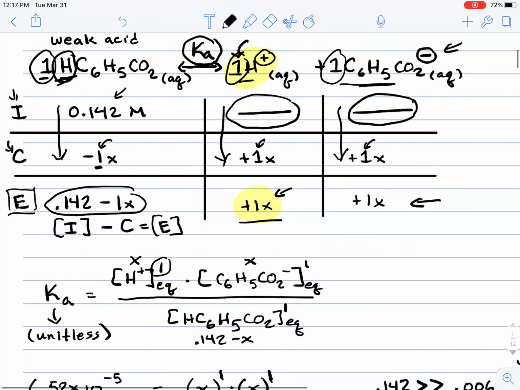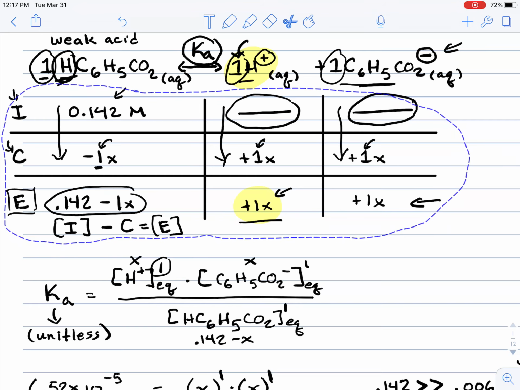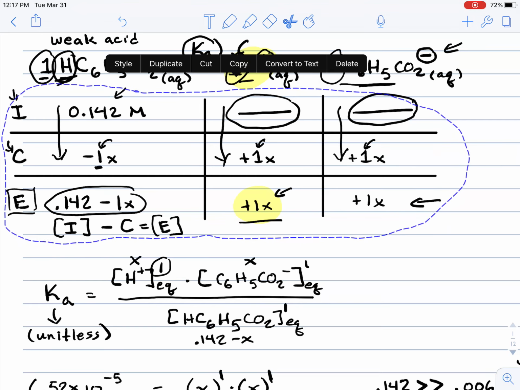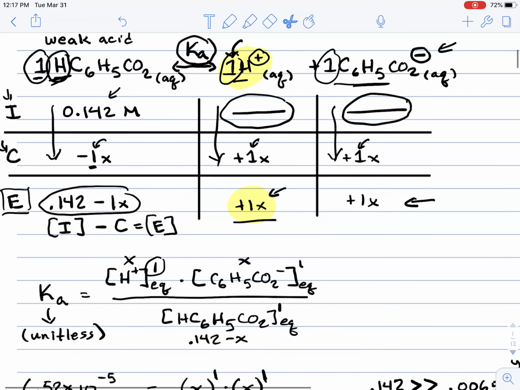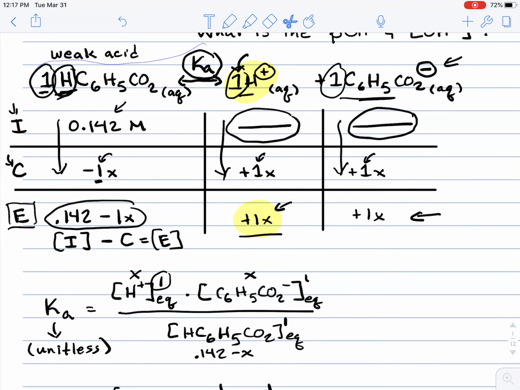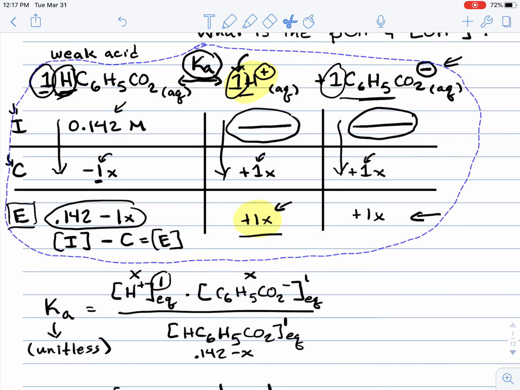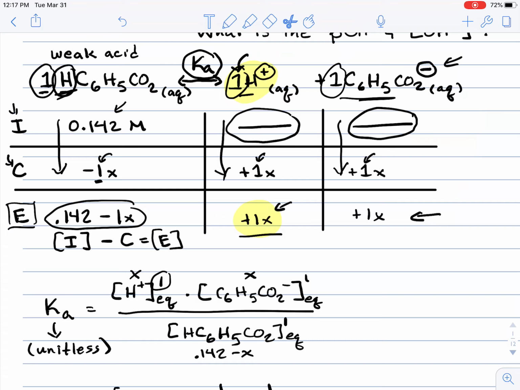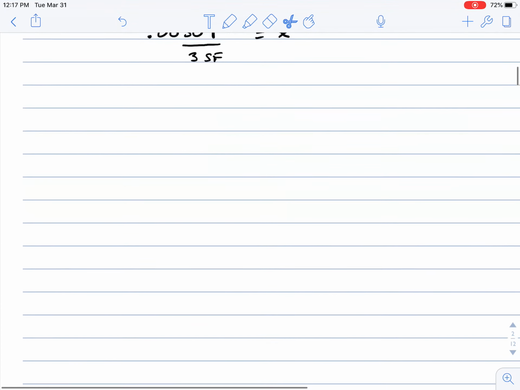I'm going to copy everything, because it might be easier if I just rewrote all of this.